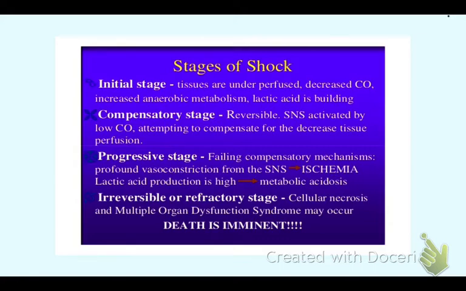So your whole autonomic nervous system kicks in, your sympathetic nervous system kicks in, your renin-angiotensin aldosterone system kicks in as well, and you're going to see some vasoconstriction to get the blood to the kidneys so you can have some urine output. But because of this, you will see decreased urine output.